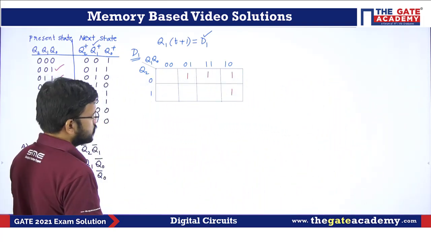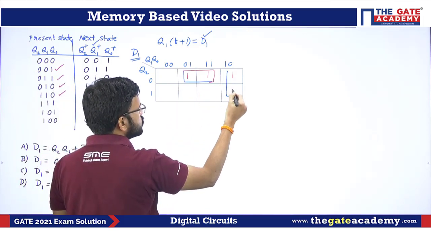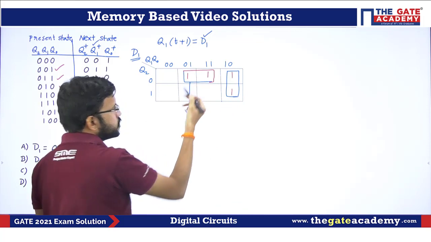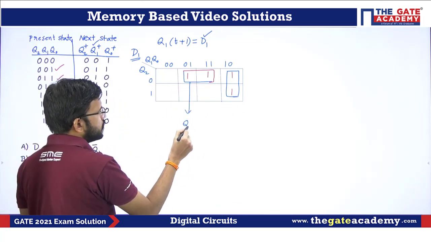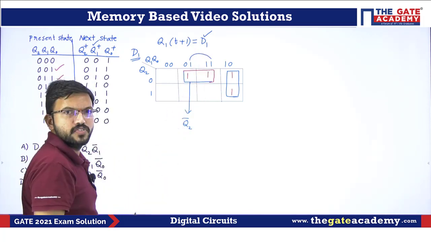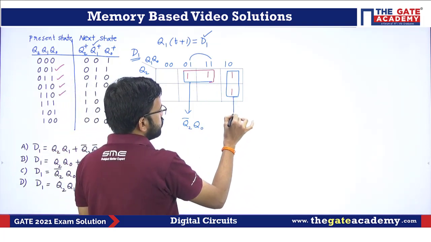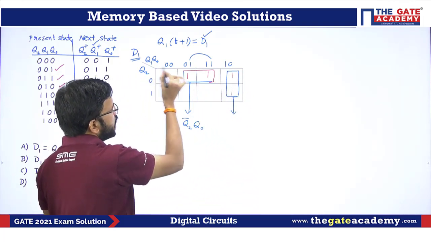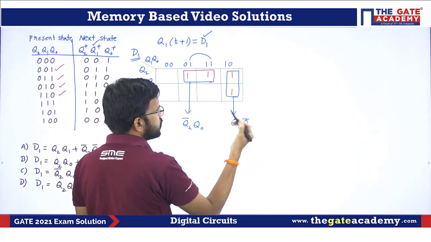Now you can do the groupings. You can group these two ones, and group these two ones. For this row-wise grouping, Q2 value is 0, that means Q2 bar. Column-wise, Q0 value is 1, so you'll get Q0. Next, for this grouping, column-wise Q1 value is 1 and Q0 value is 0, that means you'll get Q1 Q0 bar.